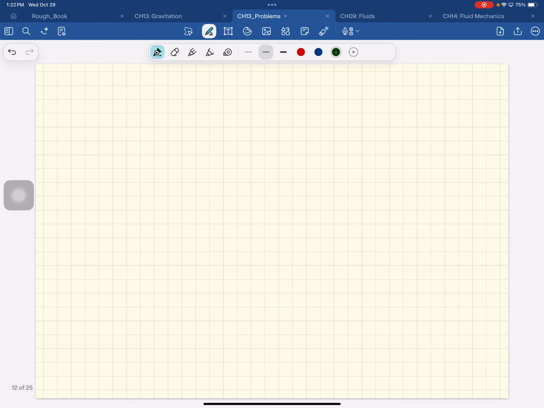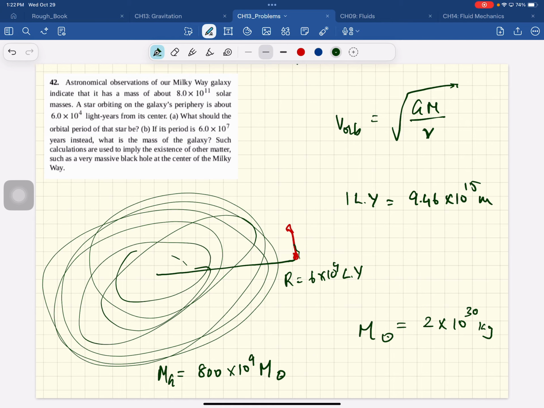So let's calculate what should be the orbital period of the star.